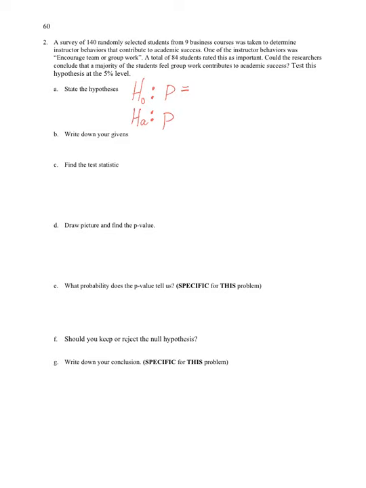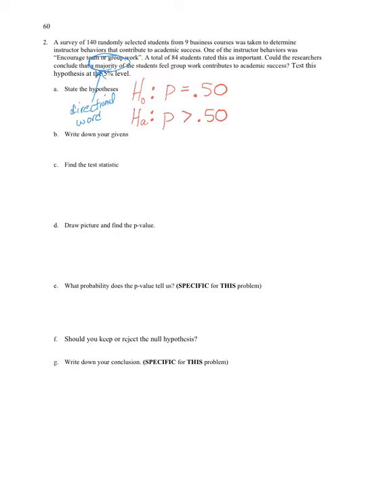Okay, so it goes on to say, could the researchers conclude that a majority of students feel that group work contributes to academic success? Our directional word here is majority. And a majority means more than half, or in other words, we're going to test if P equals 0.5 versus that P is greater than 0.5.